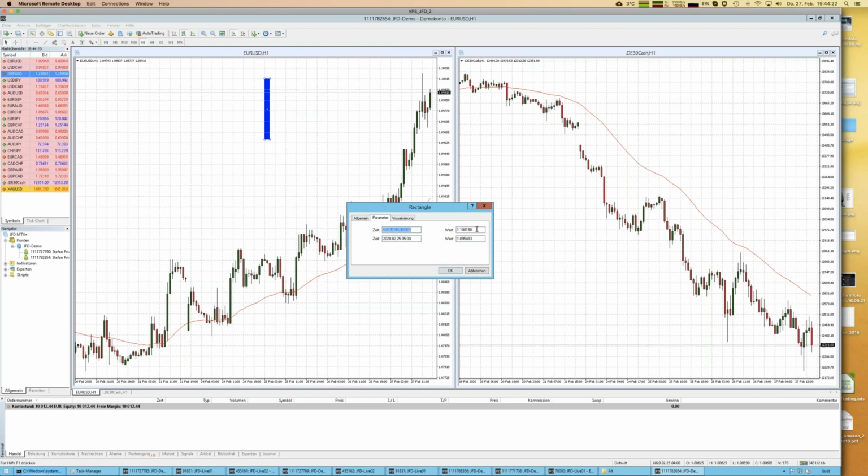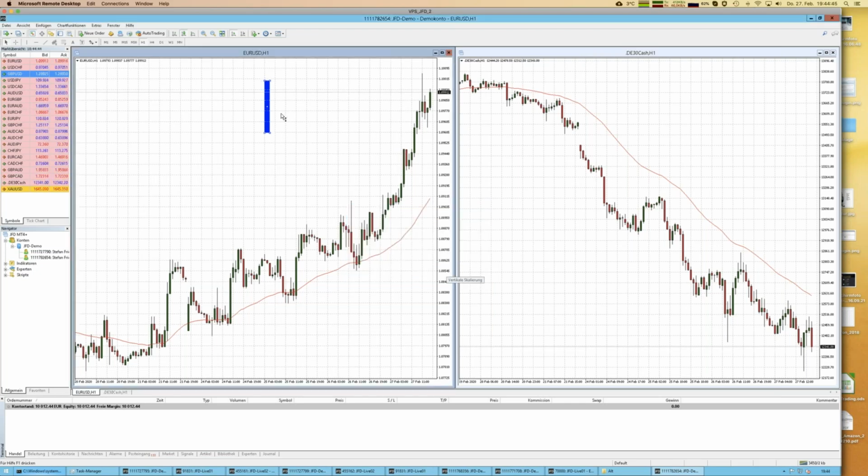So let's make the story a little bit easier first. Let's have one corner at 1.1 and the other corner at 1.096. And now we have the 40 bips, the 0.004, and we have a rectangle with exactly that size.